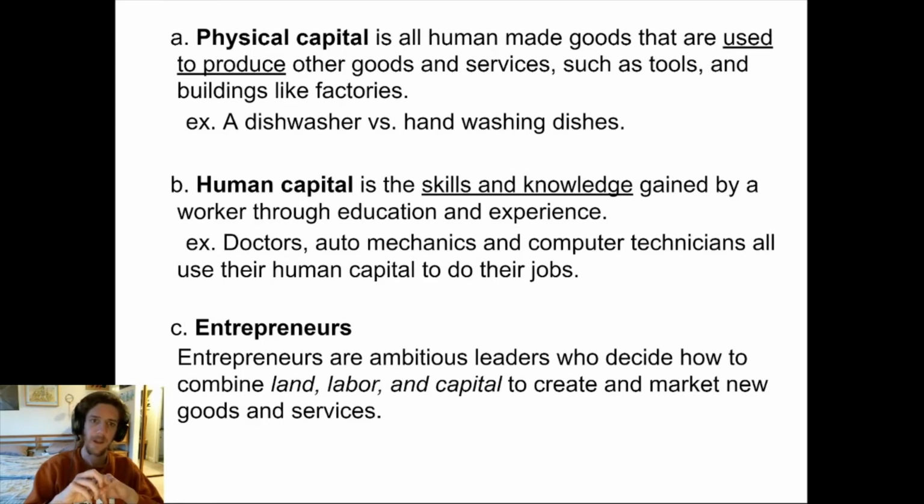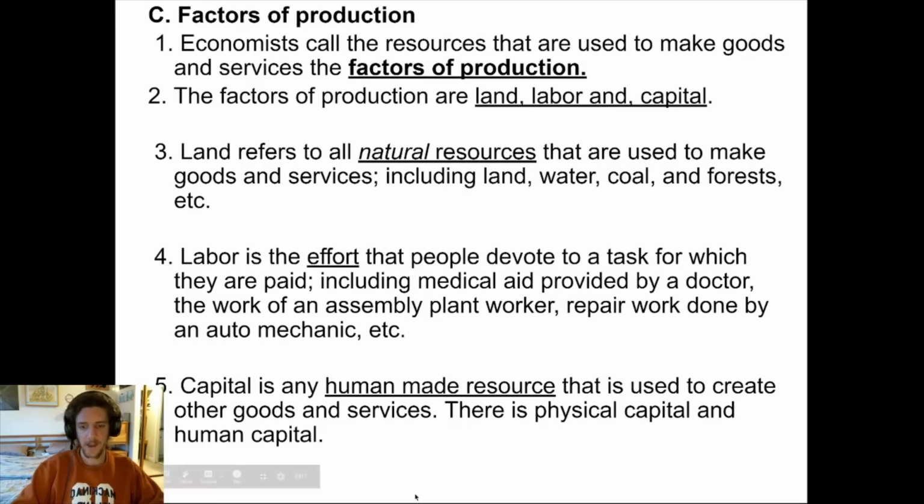Physical capital is when we have goods used to produce other goods, such as tools and buildings like factories. Human capital is when folks have skills and knowledge that they can apply to a situation and use their experience to make that job go faster, right? So in both cases, capital is referring to a human-made resource.